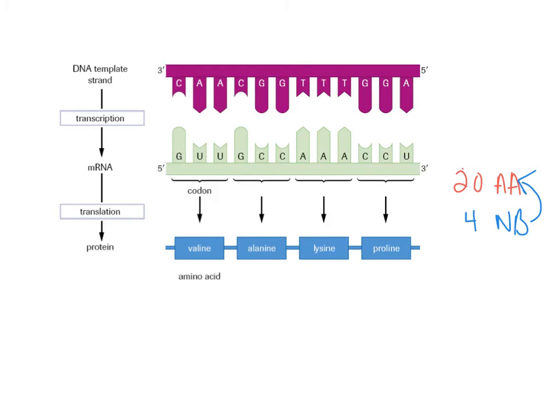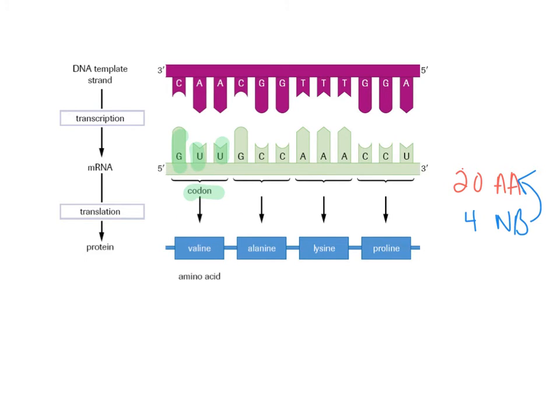By the way, we call those combinations codons. So what is a codon? A codon is a group of 3 nitrogenous bases in a particular sequence that code for a particular amino acid. So for example, the codon GUU indicates the amino acid valine.